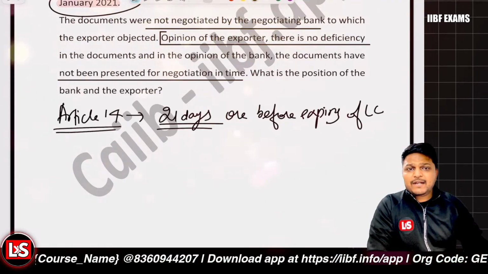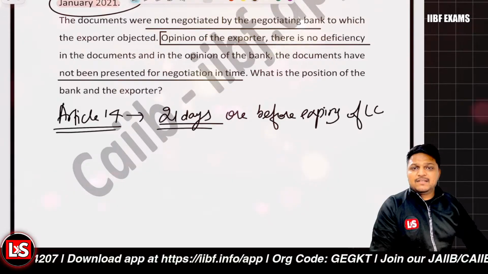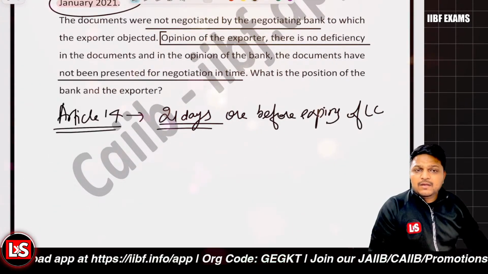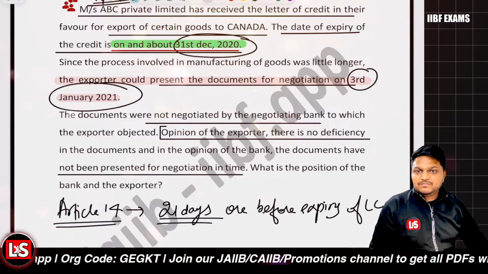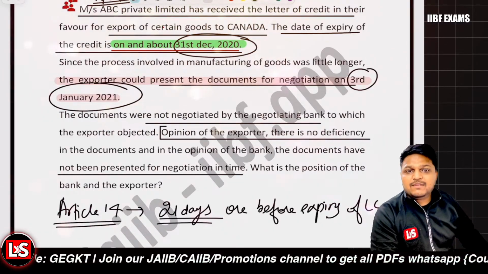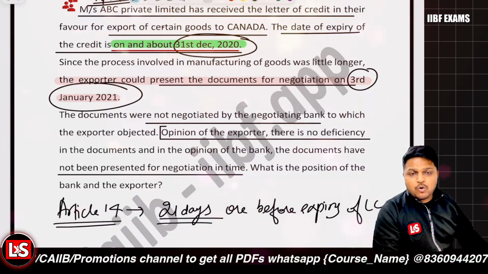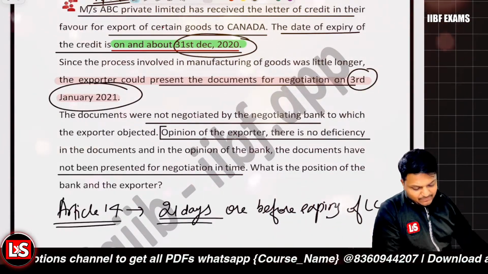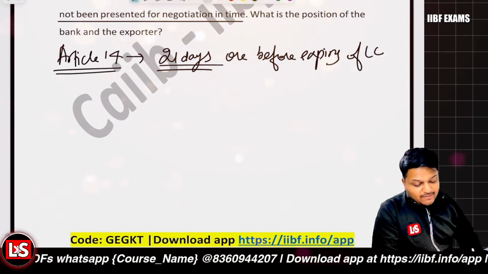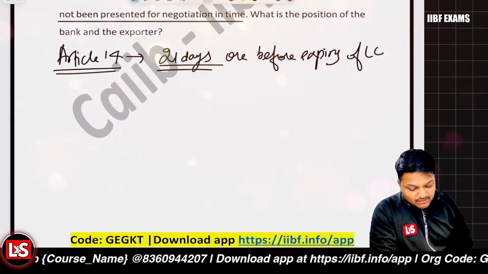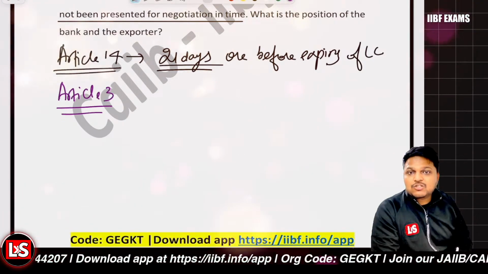So when the letter of credit says that it is going to expire on or about, or a similar interpretation is there, in that scenario another 5 calendar days would be available, and that is as per Article 3. That's about the interpretations.